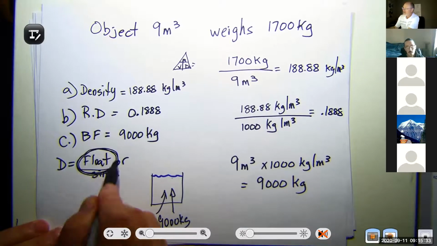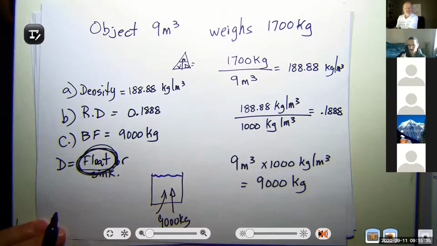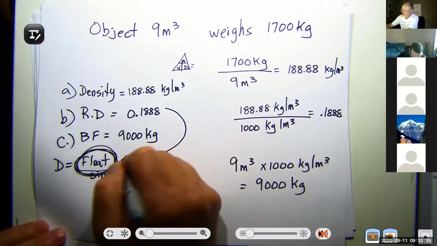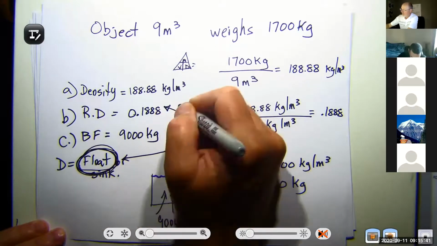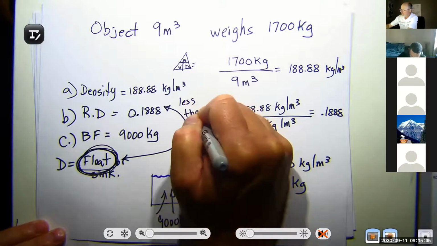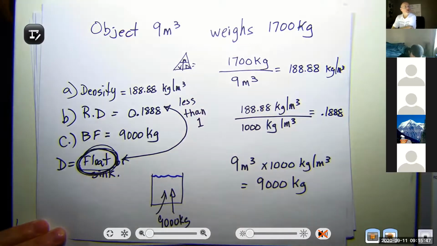And one of the biggest indicators is if this relative density is less than 1, the object will always float.